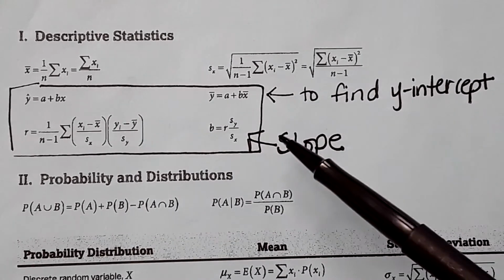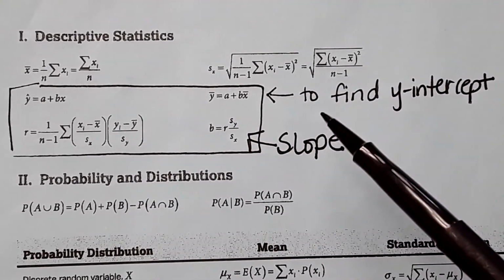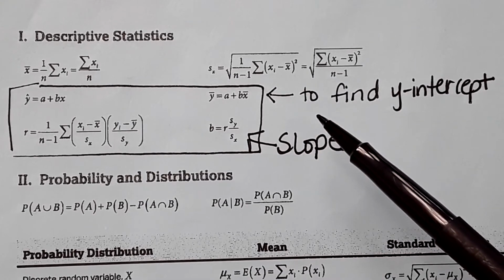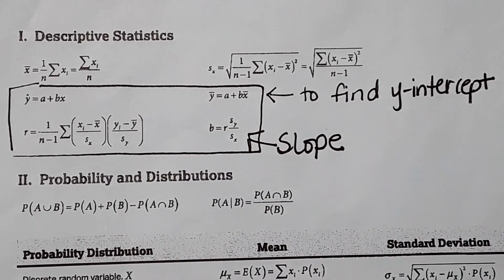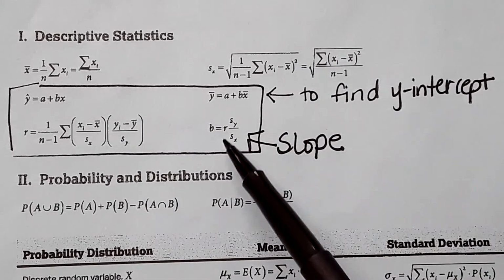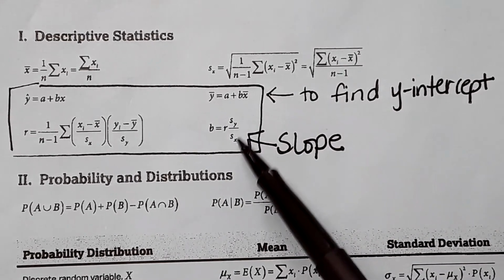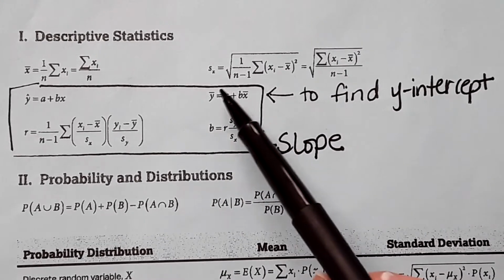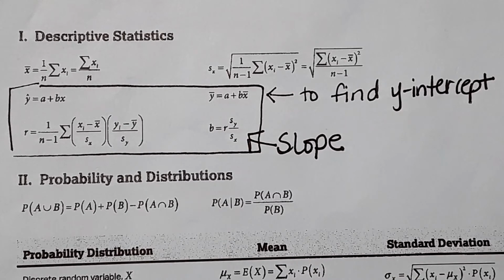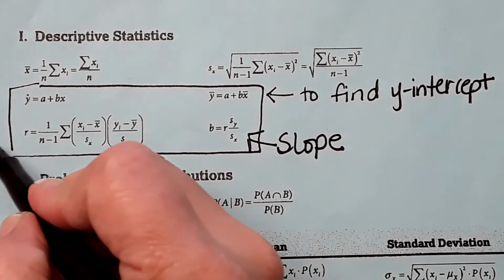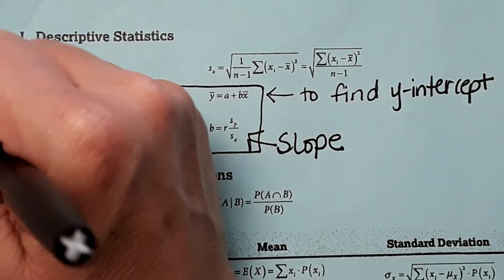Okay, so that last sentence that we wrote says that you can find all of this if you know your R, your standard deviations, your x bar and your y bar. That is all you need, because from that you can find slope and you can find your y-intercept, and then you can write your least squares regression line right here.